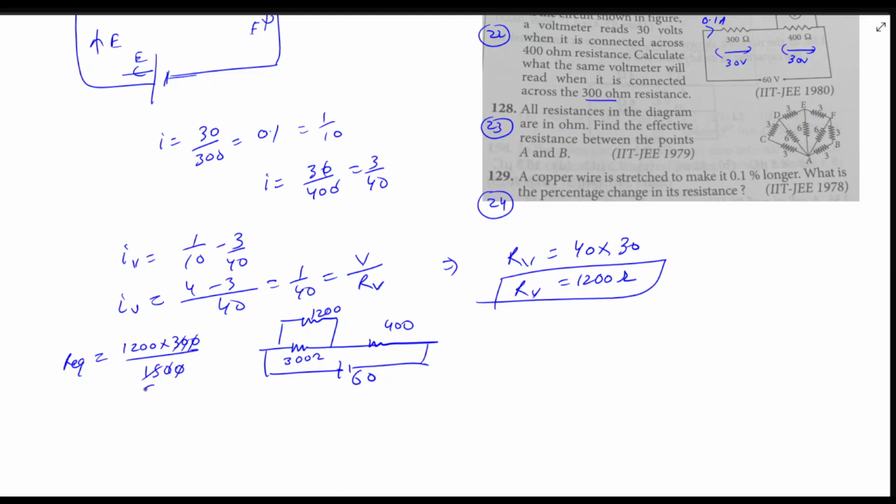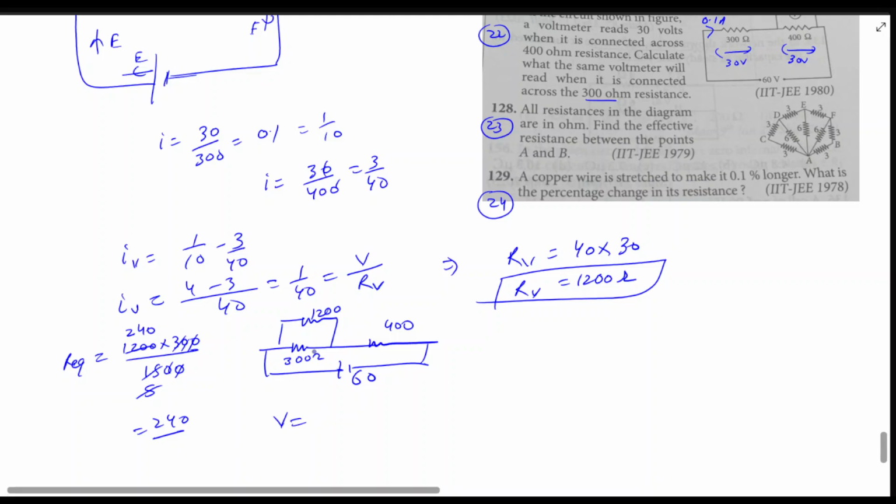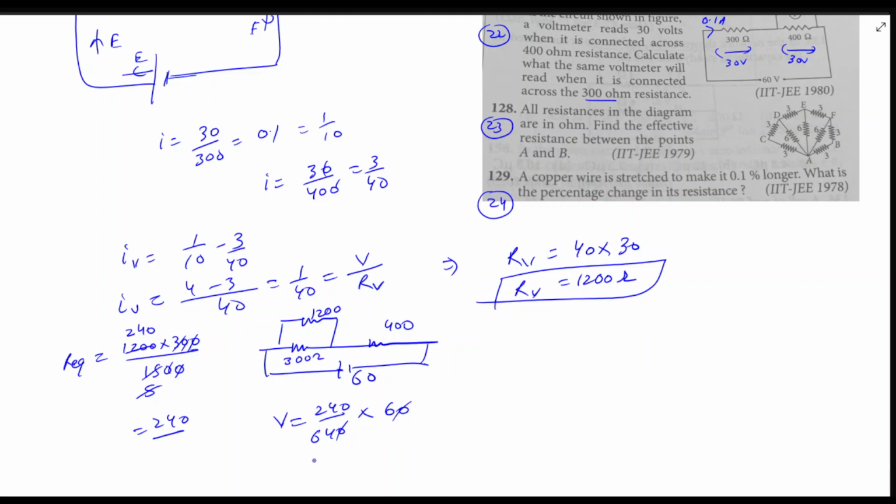So this will get cancelled. This is 5 and this will be 5 into 240, so 240, right? Now the voltage across this will be the resistance of this, 240, divided by the sum of them. So it will be 640 into the total 60. So this will get cancelled, right?